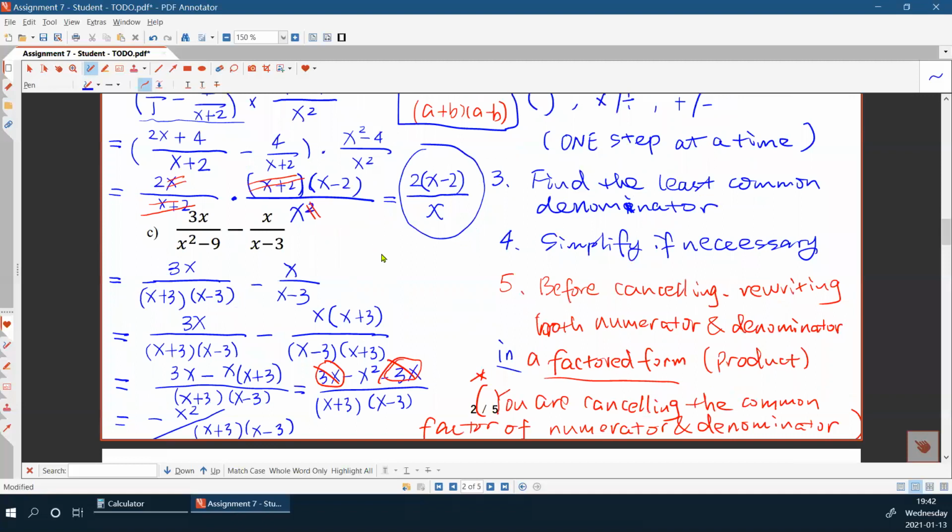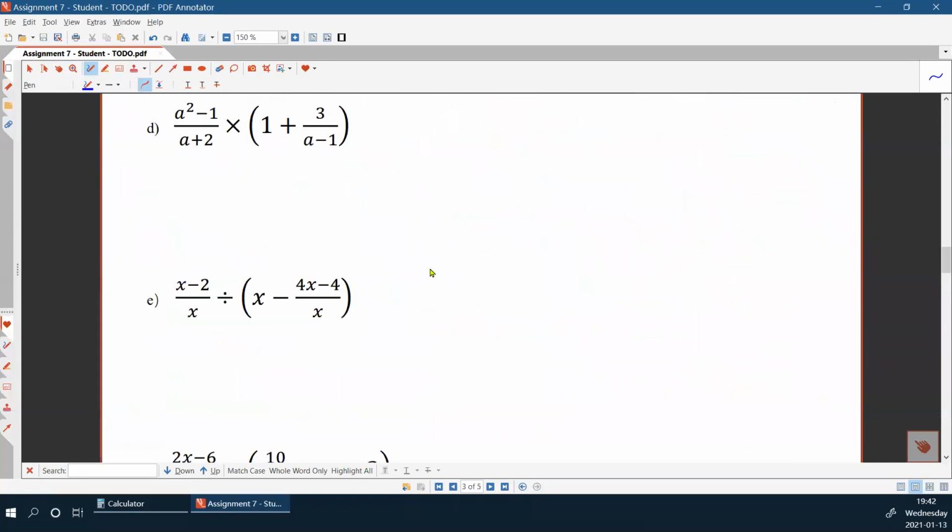Can you see this? Okay, any questions here? No? All right, let's see the next one. Okay, next one. First, there are brackets there, right?